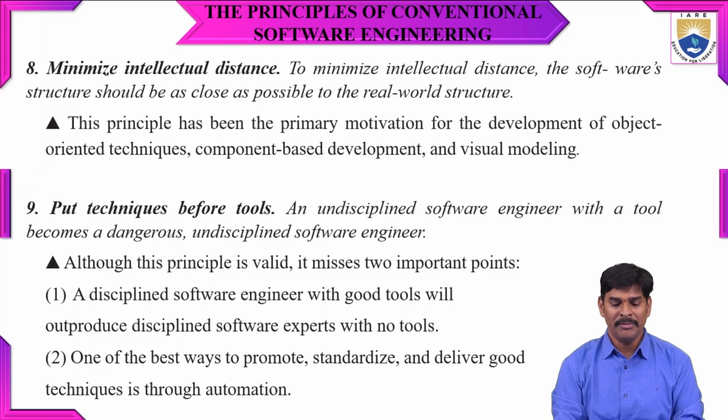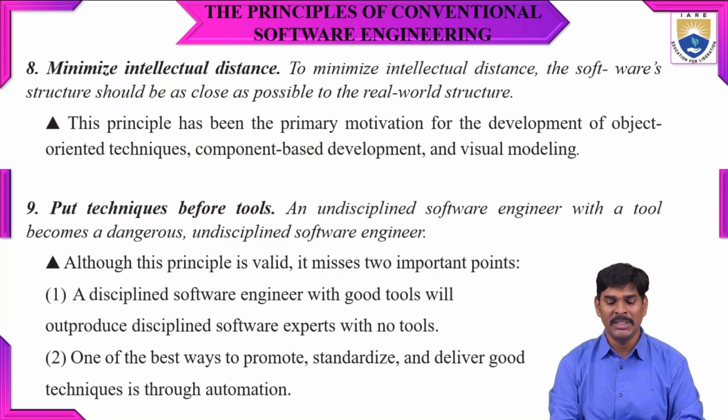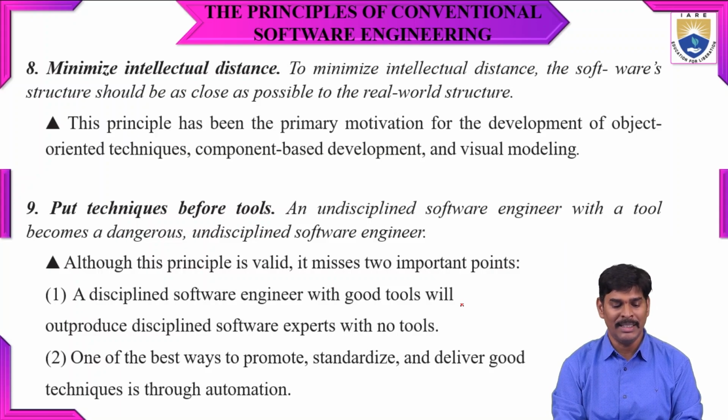Here we have some principles. The point is that disciplined software engineering with good tools will outproduce disciplined software experts with no tools. In the sense, when you are hiring good people and providing adequate resources, the tools, technologies, or models, you can easily do the project in a proper manner.